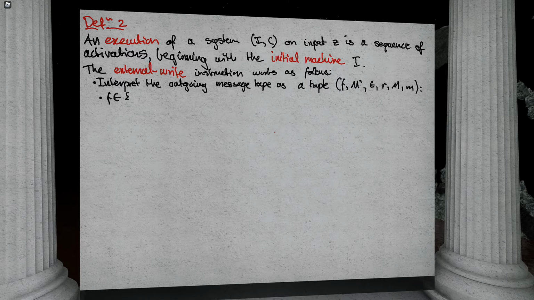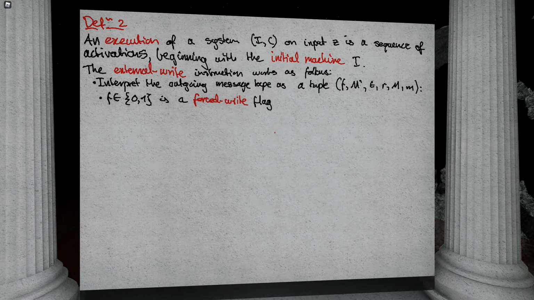So F is a flag, it's a bit. And this is called a forced write flag. What this does is it says, if the machine I'm trying to communicate with doesn't exist, should I create it? So the initial machine is going to use the forced write flag to spawn new machines.